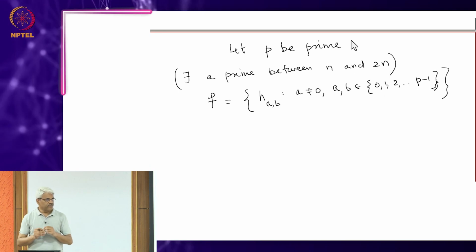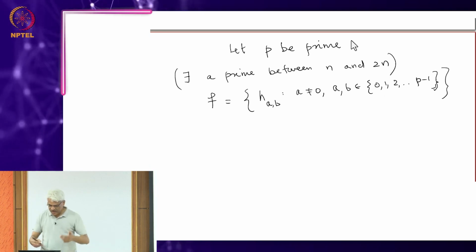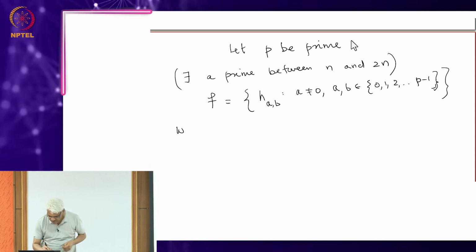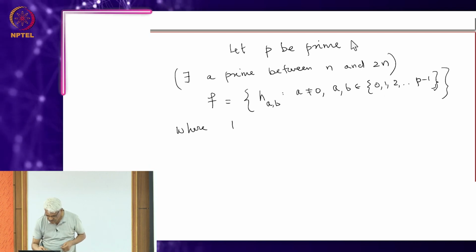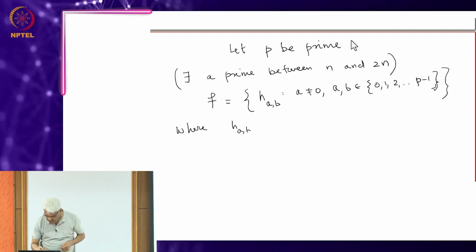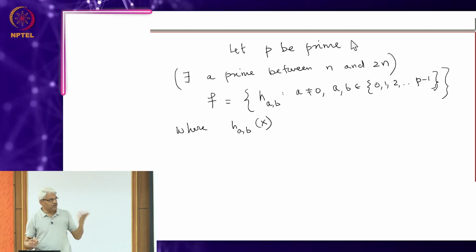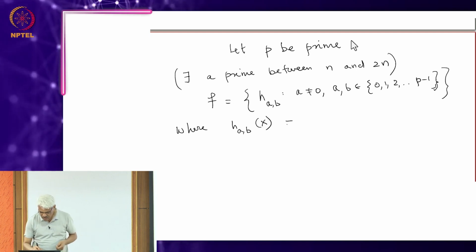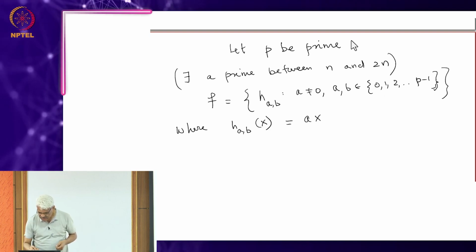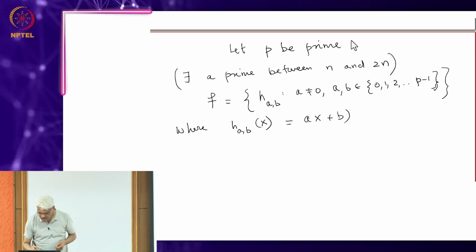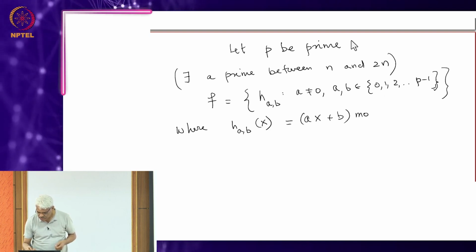So that is my family. Well, what is h_{a,b}? I will define it. It takes an element x from the universe and simply does ax plus b mod p.